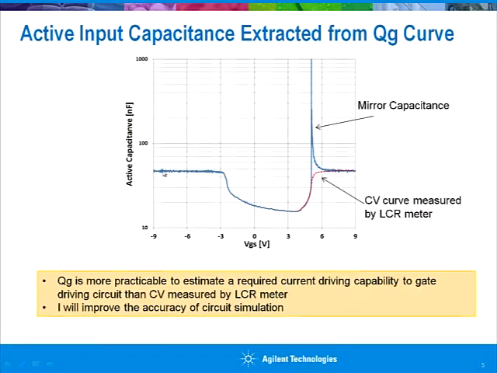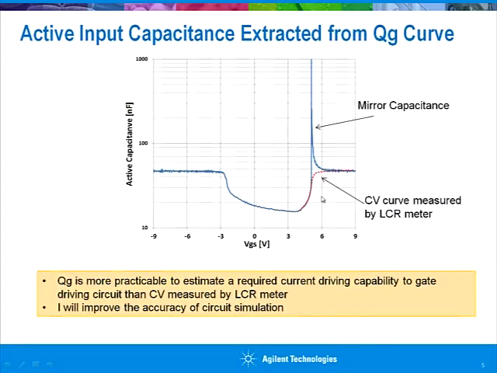And this is the example of extracted input capacitance of the power MOSFET derived from the QG curve. And this dotted red line shows a CISS curve measured by a conventional LCR meter. Due to the transition from the off state of the device to the on state of the device, effective input capacitance has this significant increase peak during the transient from the off state to the on state.